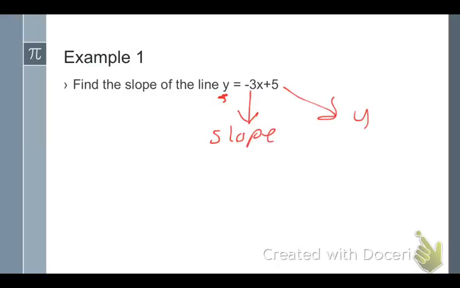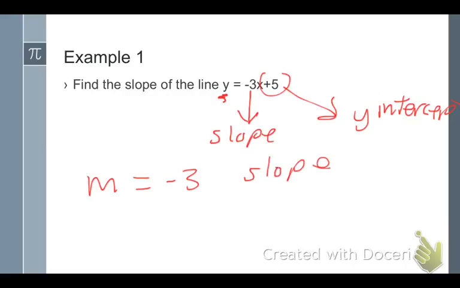And the number added or subtracted at the end is the y-intercept. And that number is either positive or negative. In this case, it's positive. So I get m equals -3, and that's my slope, m. And b equals, in this case, positive 5. You don't have to write the positive, but that is my y-intercept.